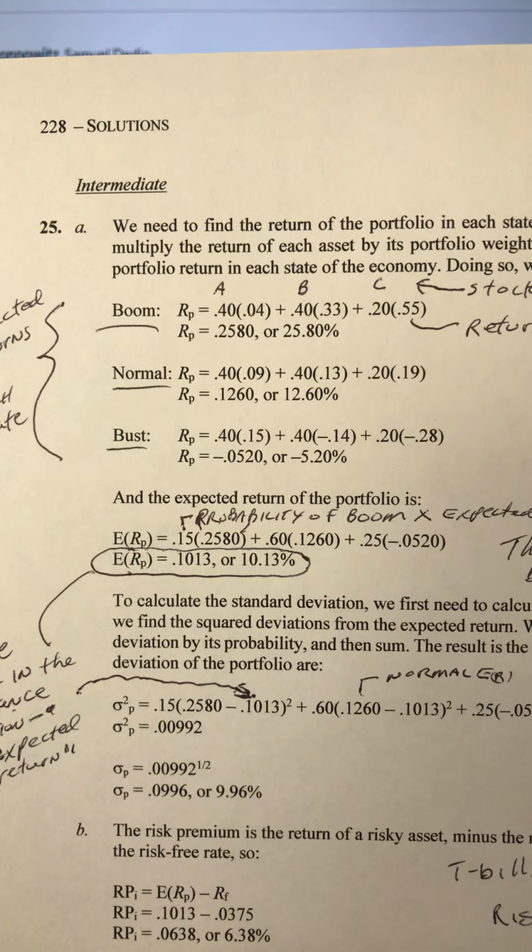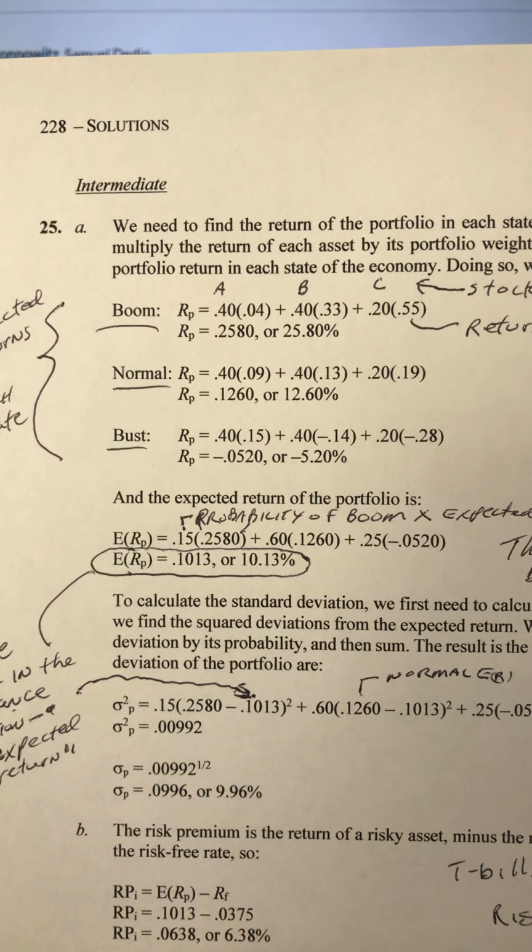So you do that for each of the expected returns of each state, and you add them together. And you can make sure this adds up to 1. You have 15% chance here, 60% chance here, and then 25% chance for a bust. And as I said many times, probabilities have to add up to 1. So 0.15 plus 0.6 is 0.75 plus 0.25 is 1.0.